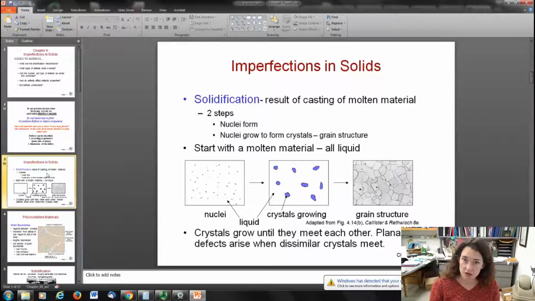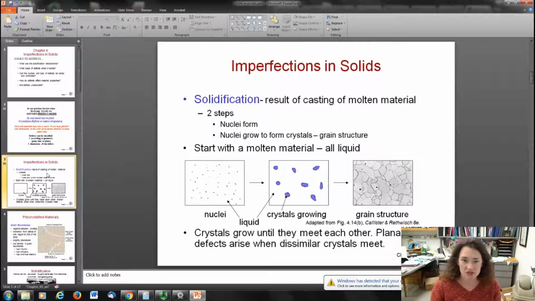Now, where these form could just be from random thermal fluctuations. For example, you have atoms just moving around inside the liquid, and at a certain point, just due to statistical fluctuations, you get a high density region, and that's all it takes to get the process started. Or it could come from impurities inside the molten material itself. If there's some irregularity, something inside there that's already solid, some sort of defect in the liquid, then that can form a nucleation point as well.